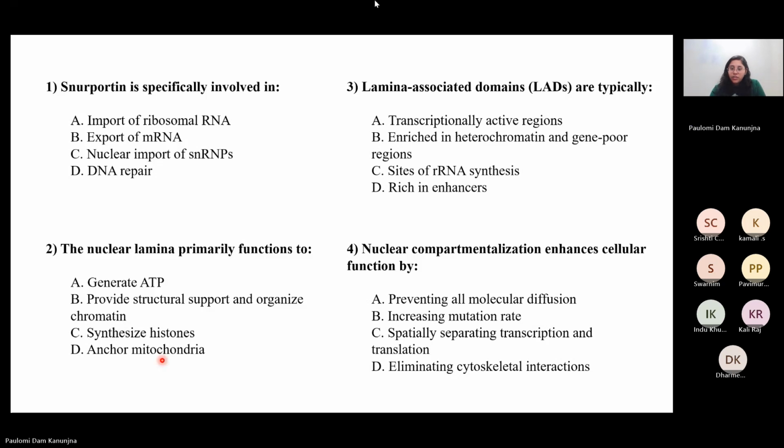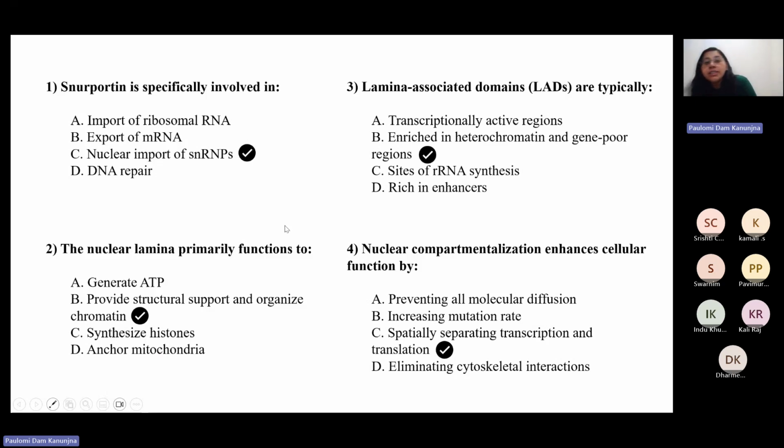Okay. I'll tell the answers. Right. So these are the answers. Okay. Now the first question is confused on third one. Yes, I will just tell you. Let me just walk you through.